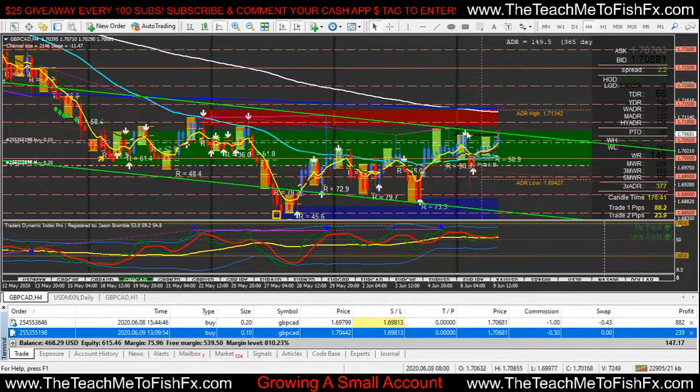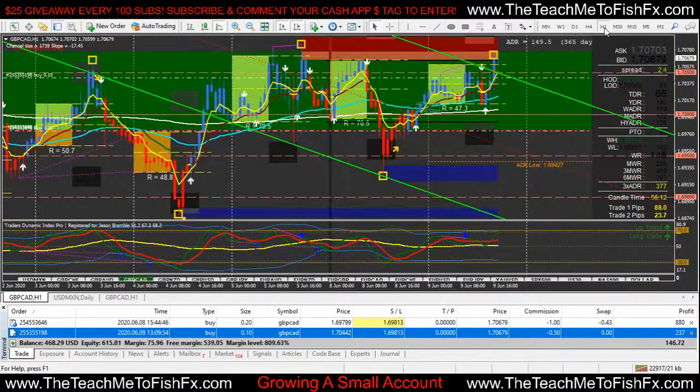Let me get this to show up better. It's already gone 65 pips so far for today, so based on that average, we still have quite a few pips to go before we reach the ADR. And simply what I'm doing is, yes, the 1 hour shows exhaustion.